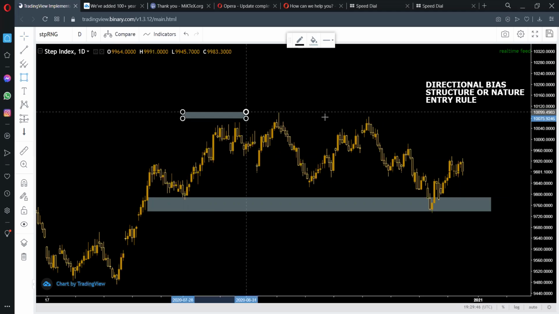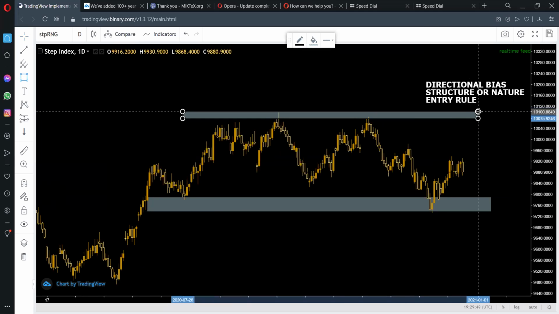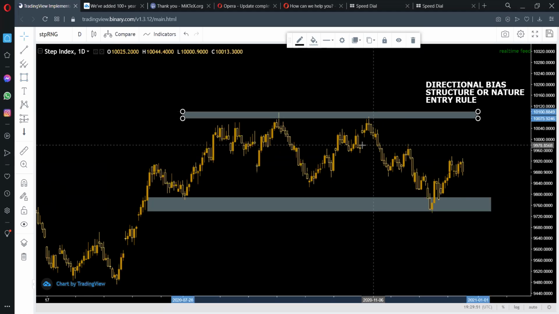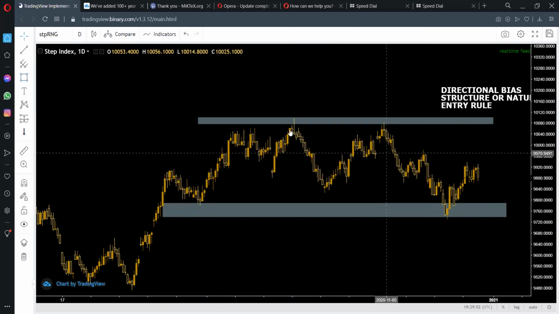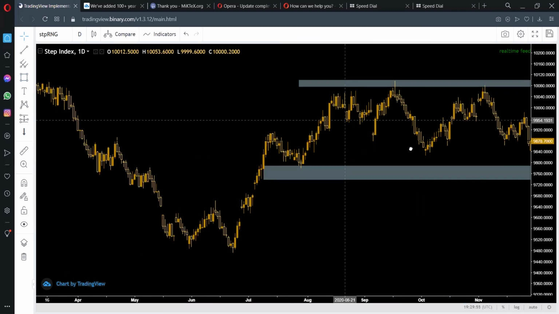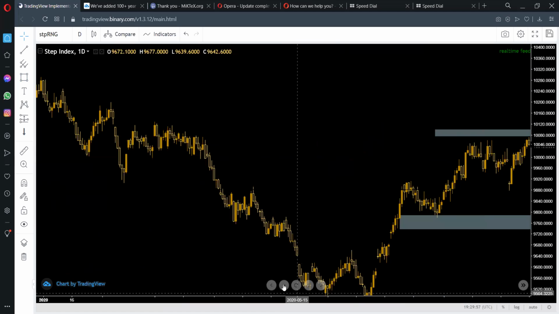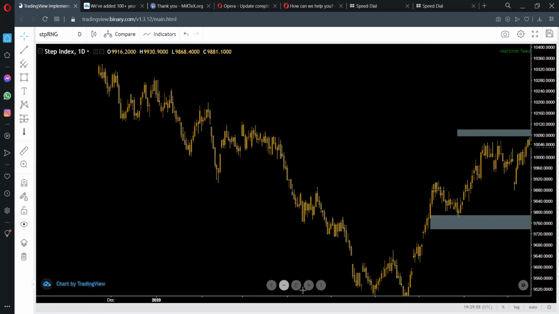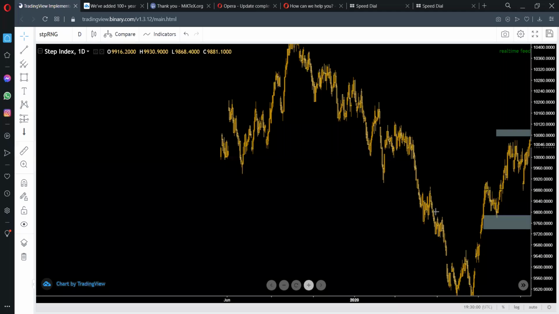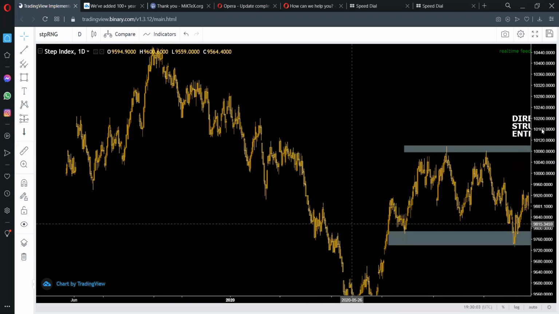But since we are in the higher time frame, we can still get a certain trend within. Although overall trend from here, let me zoom out so that you can see the trend again.